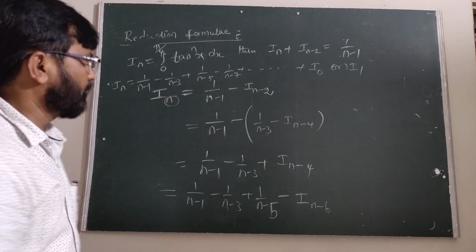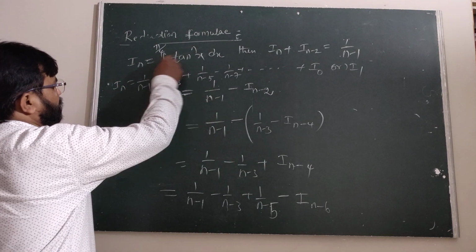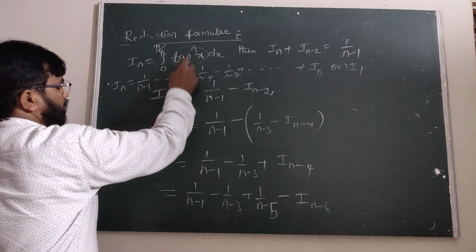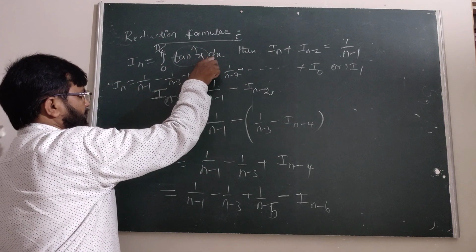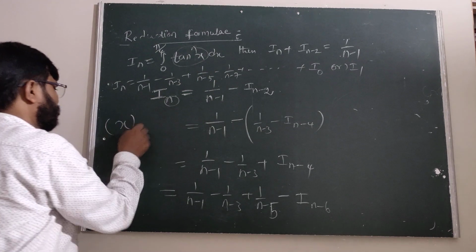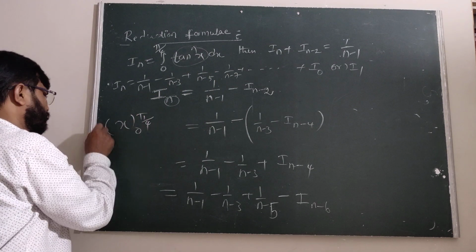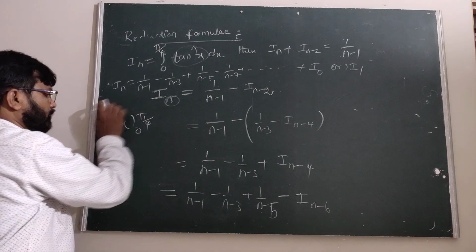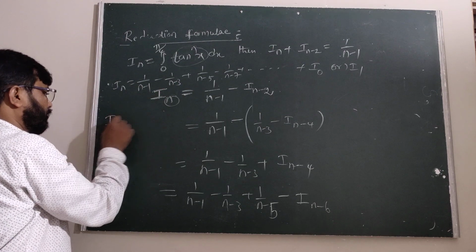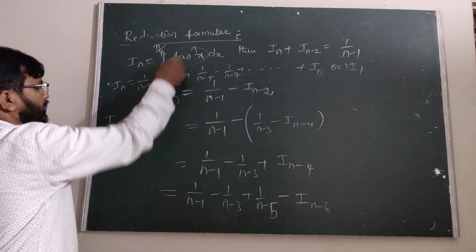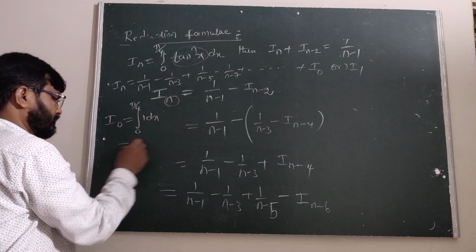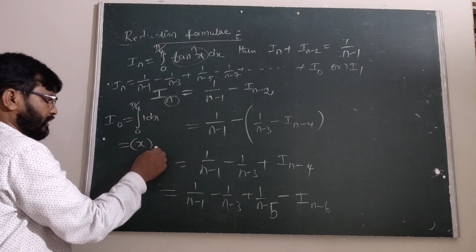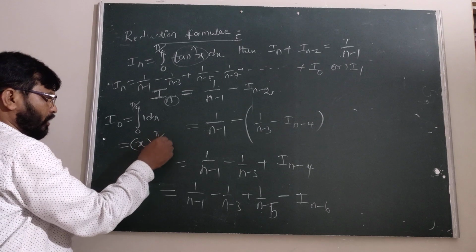Okay. Therefore, here I_0 is tan power 0, which is 1. The value of I_0 equals the integral from 0 to pi by 4 of 1 into dx. 1 into dx is x, from 0 to pi by 4.